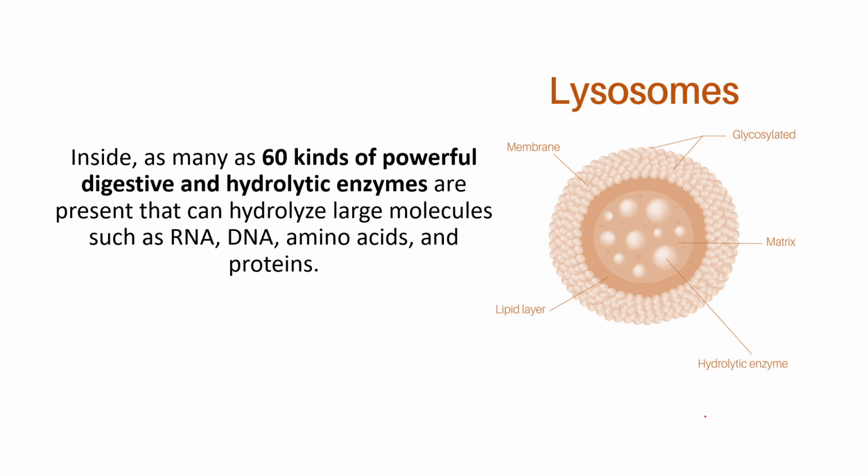Now the next most important organelle of the cell is mitochondria. We have studied that mitochondria is the powerhouse of the cell. Why is this so? Because the membrane bound mitochondria is important for the production of adenosine triphosphate, ATP, and we know that ATP is the main energy source for the cell, for the growth of the cell.